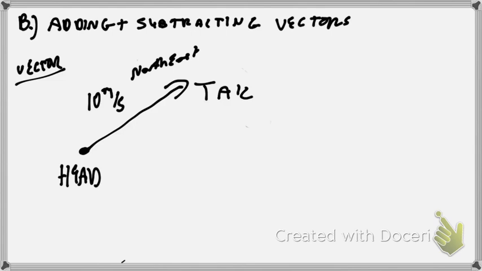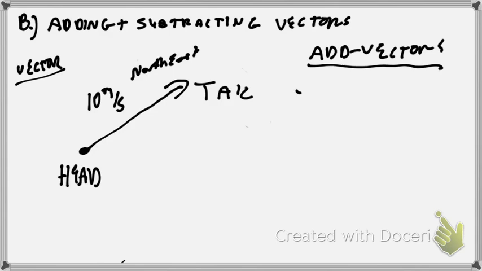So first of all, to add vectors, you have to add head to tail. Let's just say we have another vector here. So let me go ahead and erase this.